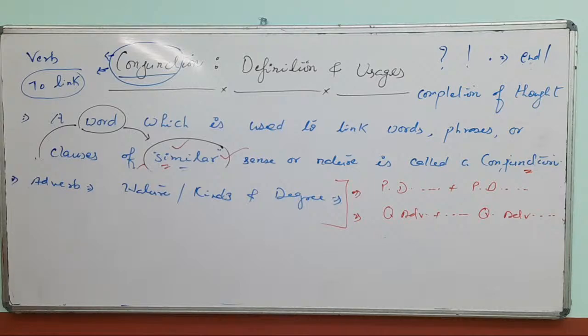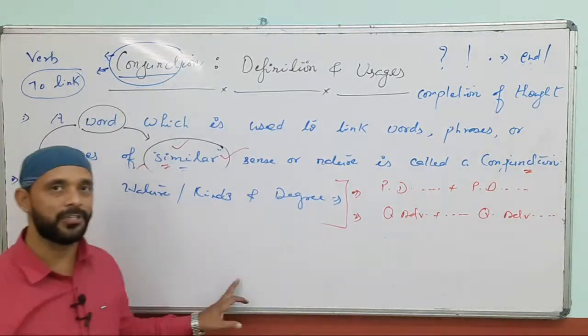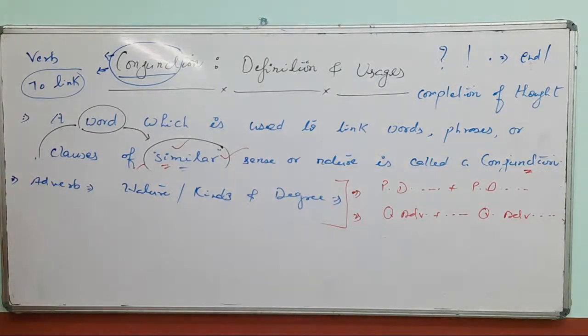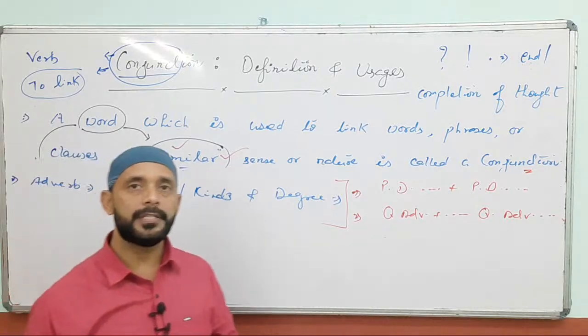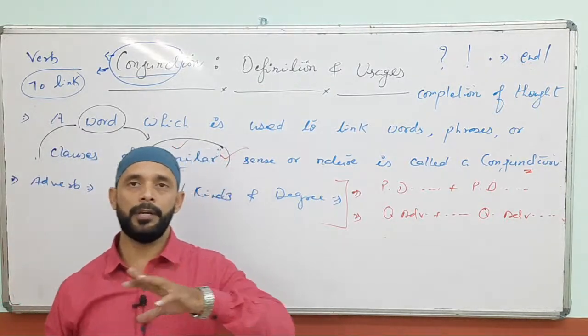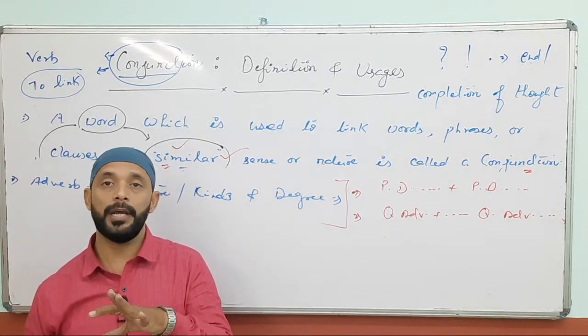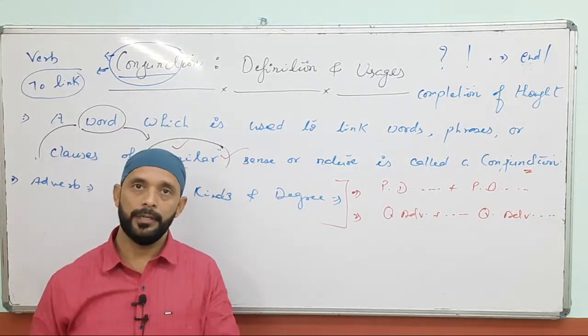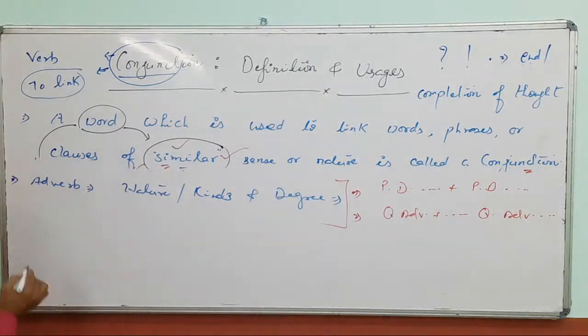Okay, let's go with the final examples here. So what I want to tell you is very simple. If there is an adverb of place, you will link another adverb of place with that. Okay, let me tell you.